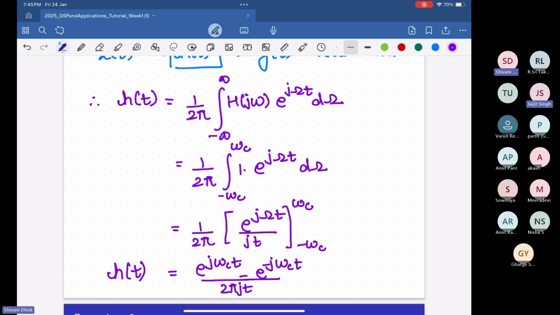Ma'am, is it possible that h of omega is always 1, or it may be any other magnitude? Okay, so basically our goal is that we don't want to amplify or attenuate that particular signal in the allowable frequency range. So that's why we want the amplitude to be 1.